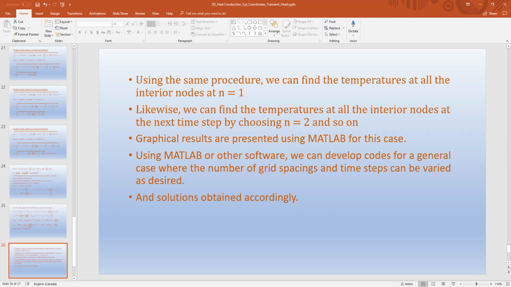So we presented graphical results in MATLAB, and we can develop general-purpose codes by varying the grid spacings and time steps, and we can obtain more refined solutions.